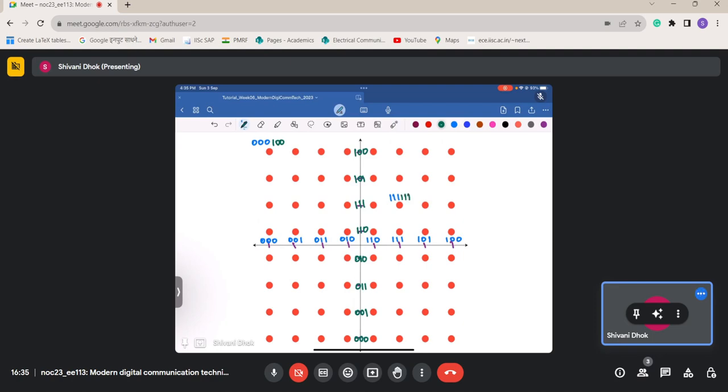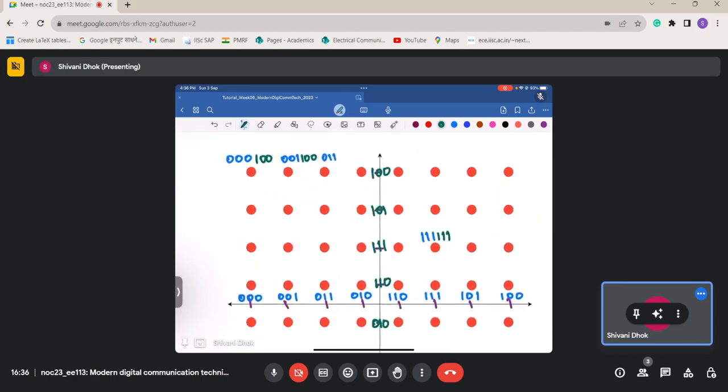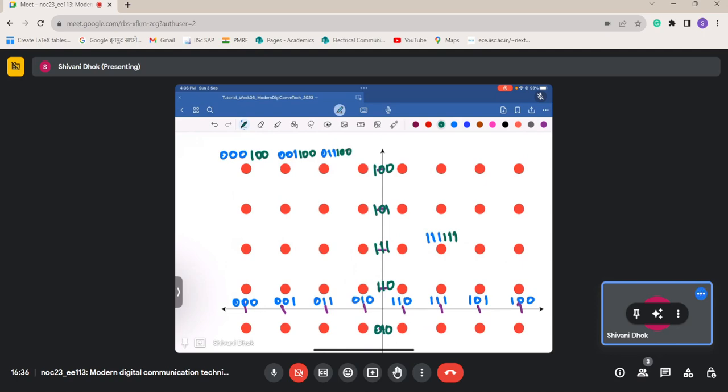So similarly, we can repeat the same thing for all the constellation points that are available here. So let's try to do a few. So this one is 001 and 100. Then this is 011, 100. Then it is 010 and 100.